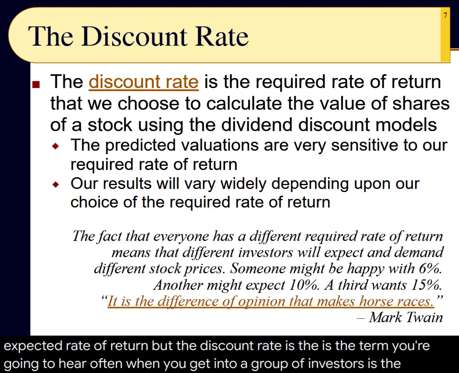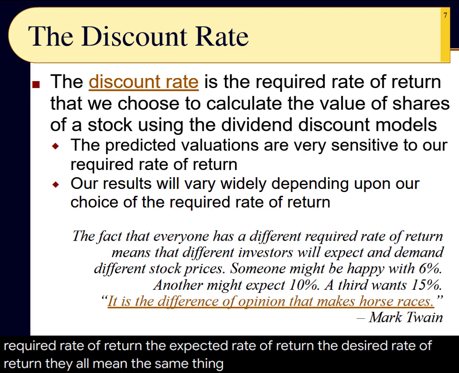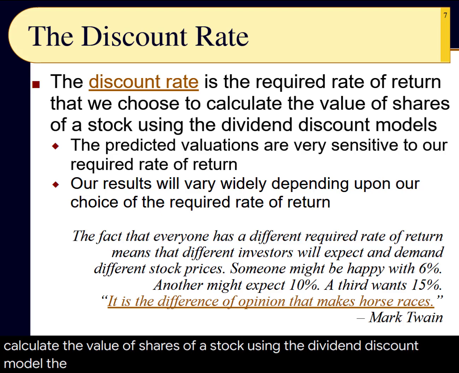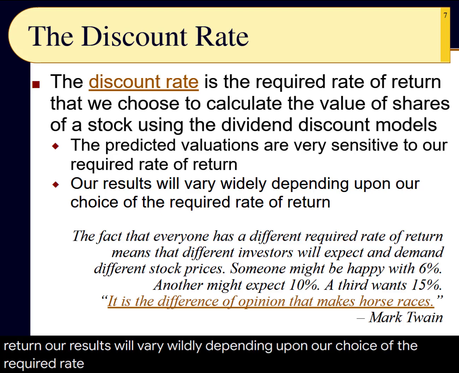The required rate of return, the expected rate of return, the desired rate of return, they all mean the same thing, that we choose to calculate the value of shares of a stock using the dividend discount model. The predicted valuations are very sensitive to our required rate of return. Our results will vary wildly depending upon our choice of the required rate of return.